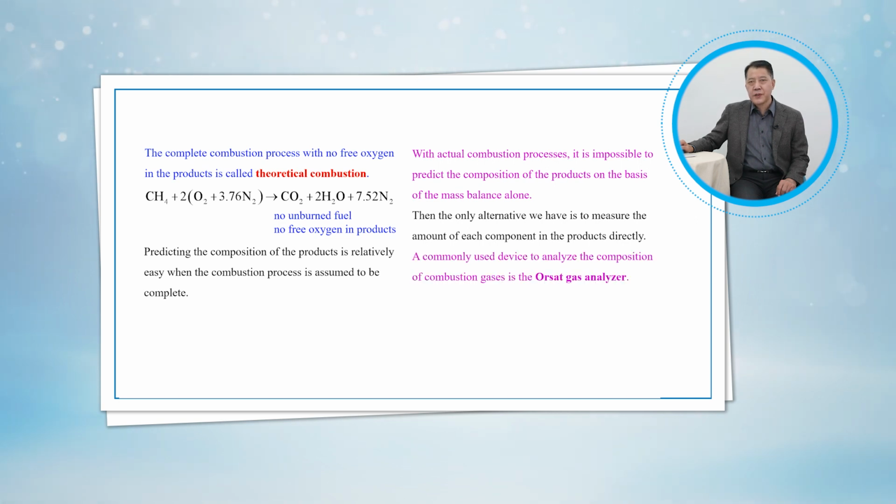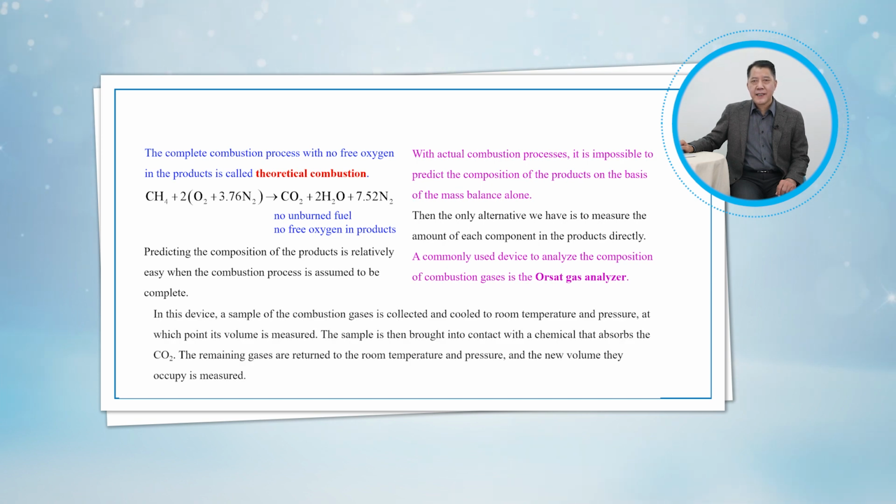A commonly used device to analyze the composition of combustion gases is the Orsat gas analyzer. In this device, a sample of the combustion gases is collected and cooled to room temperature and pressure, at which point its volume is measured. The sample is then brought into contact with a chemical that absorbs the carbon dioxide.